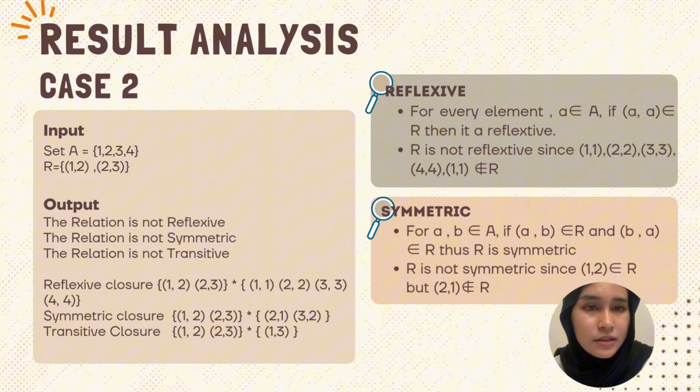To be considered reflexive, every element (a,a) needs to be in R. In this case, R is not reflexive since (1,1), (2,2), (3,3), and (4,4) are not elements of R. Next, the relation is not symmetric because (a,b) is an element of R, but (b,a) is not. We can see here that (1,2) is an element of R, but (2,1) is not an element of R. So the relation is not symmetric.